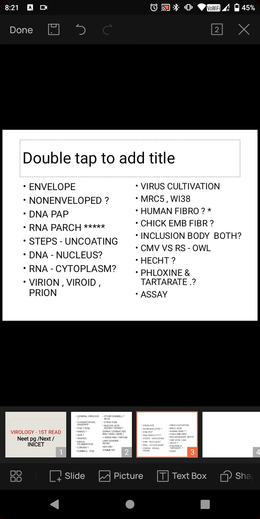maturation, release, virion, viroid, prion, then eclipse phase, time entry, smallest is eclipse phase, bacteriophage 15 to 30 minutes, animal virus 15 to 30 hours.